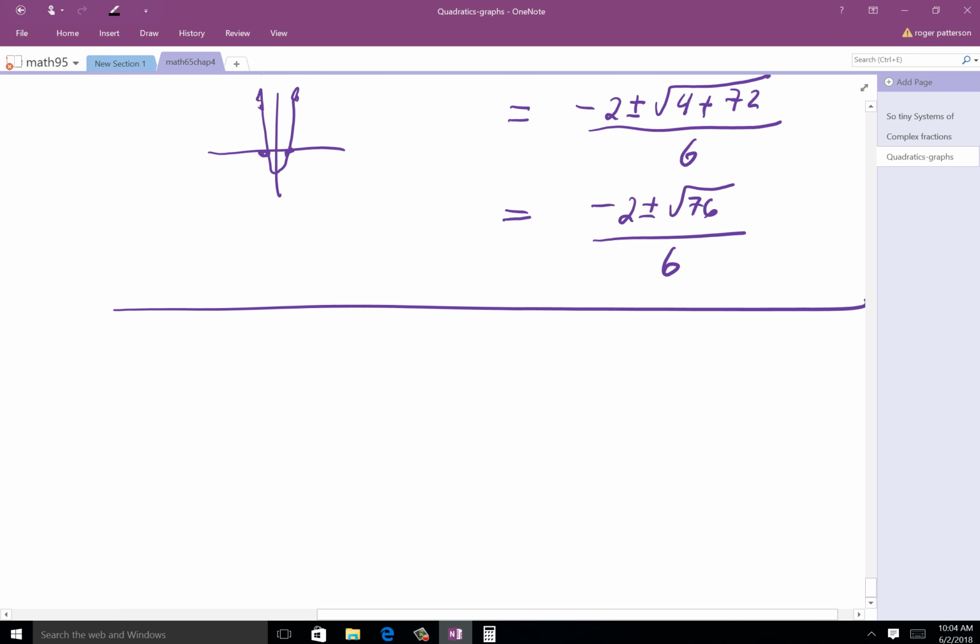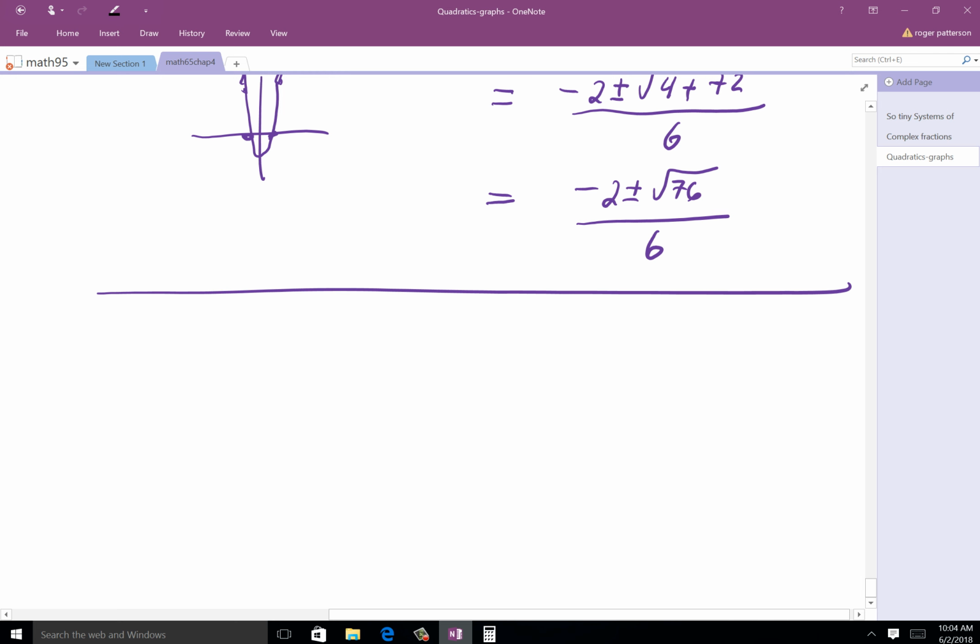Now, they do have some that are written like this. Okay, and the title is Solve by Square Root Property.